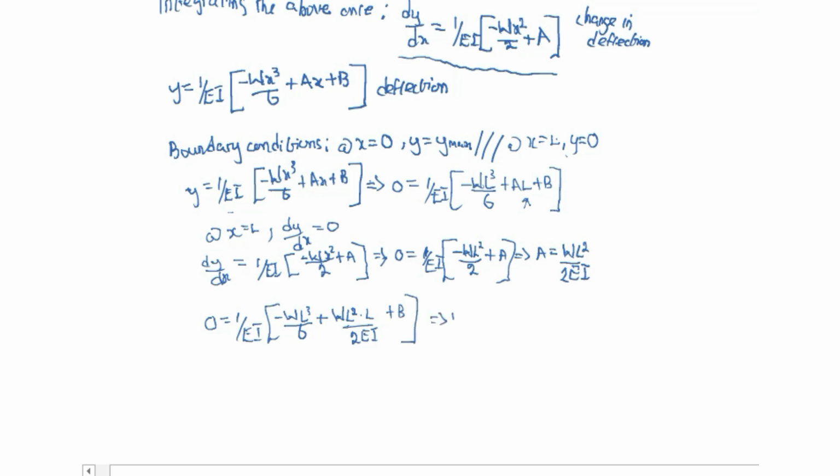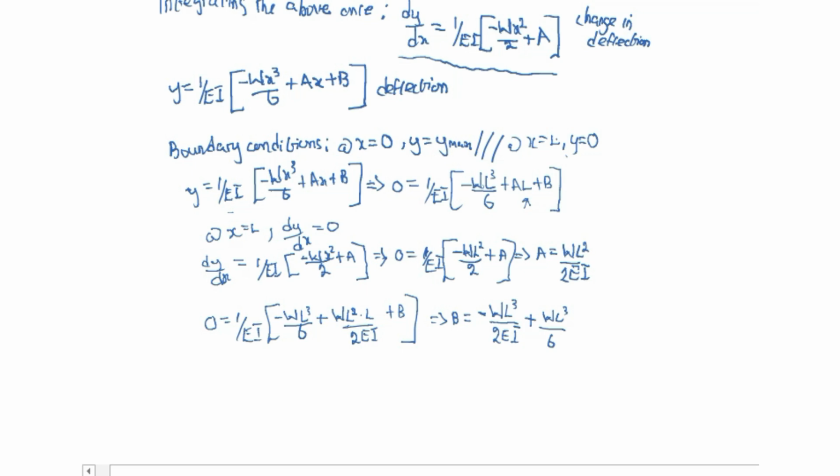We have that b is equal to negative wl cubed over 2ei plus wl cubed over 6.